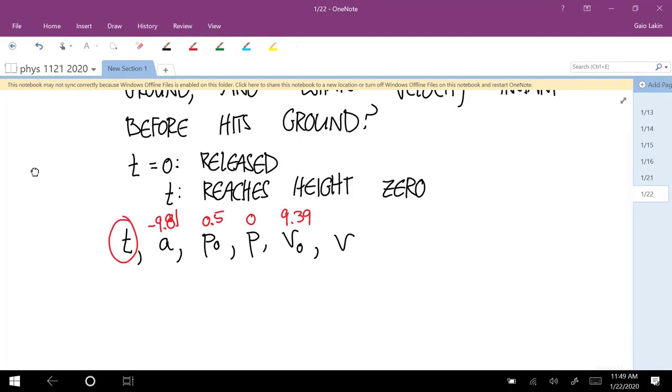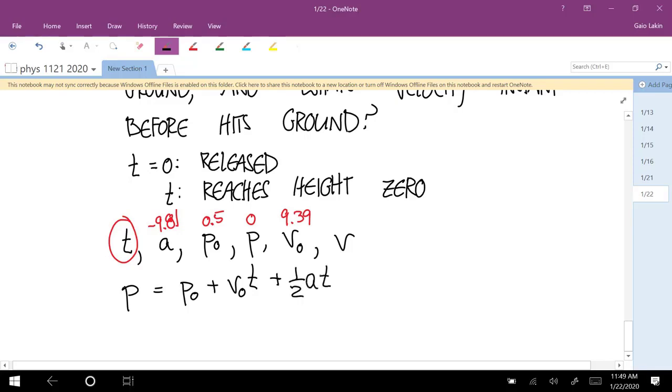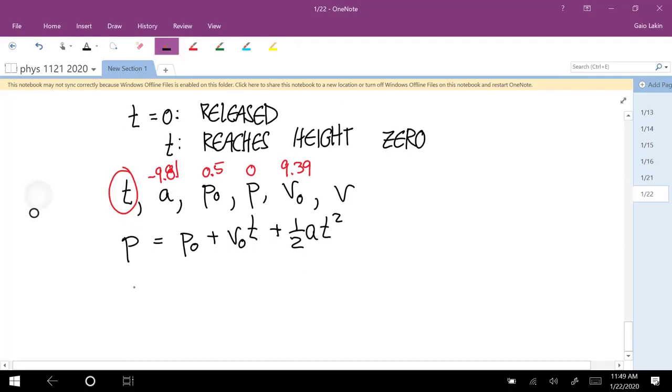And the equation that works with these is P equal to P0 plus v0t plus 1/2 at squared. So you get 0 is equal to 0.5 plus 9.39 t minus 4.905 t squared.